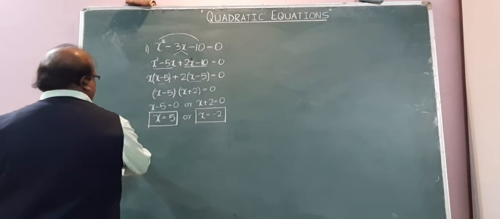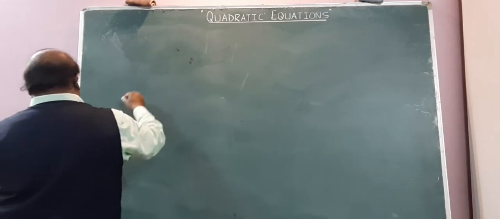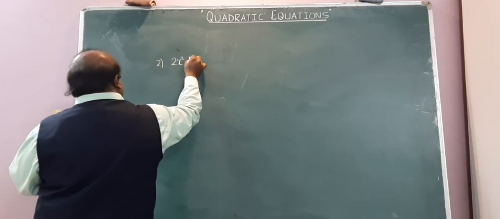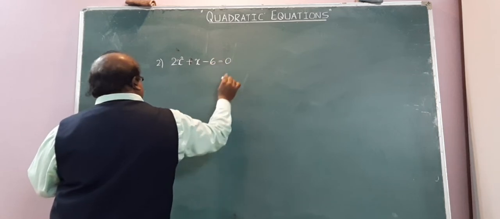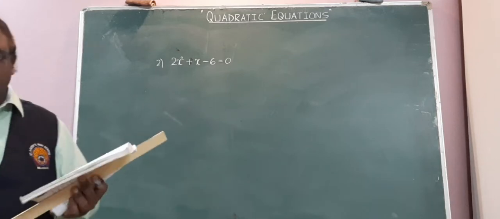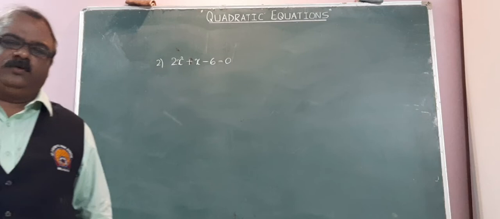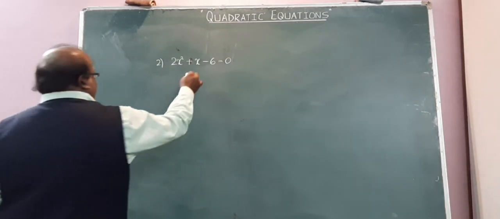Let me take the second sum. Solve 2x squared plus x minus 6 is equal to 0. Tell me the factors.